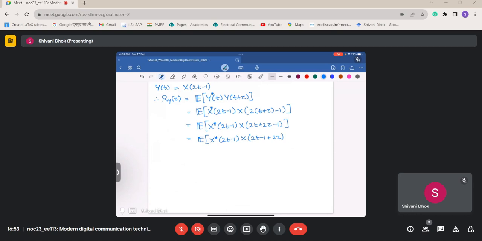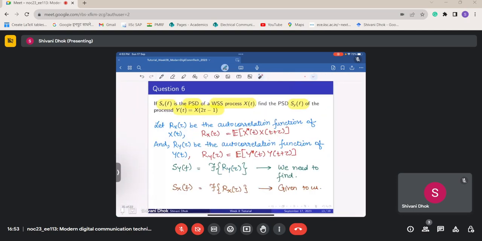Okay, so now what we'll do is let 2t minus 1 equal to t1. So this Ry of tau comes out to be expectation x conjugate t1 into x of t1 plus 2 tau. Now just look at this equation.